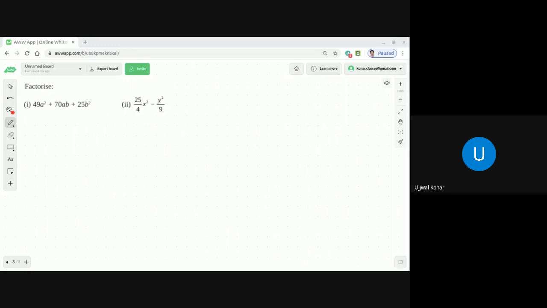Now what I'm going to say is that you can express this in expanded form, and whoever is done, please let me know so that I can ask this question. So 25x squared by 4 minus 5xy by 3 plus y squared by 9.